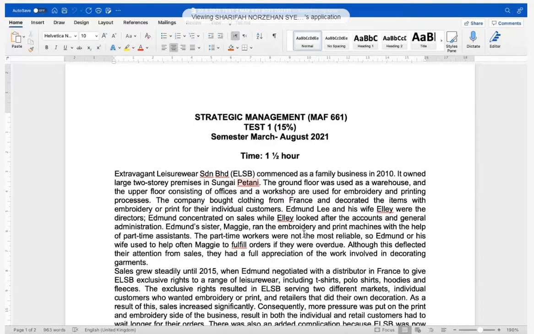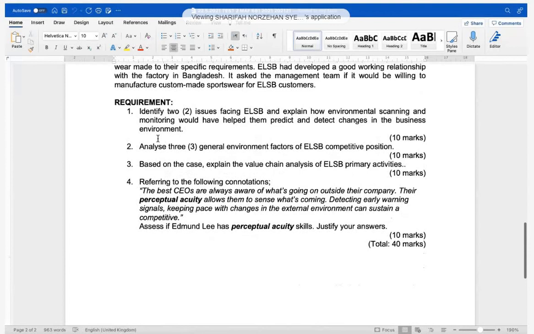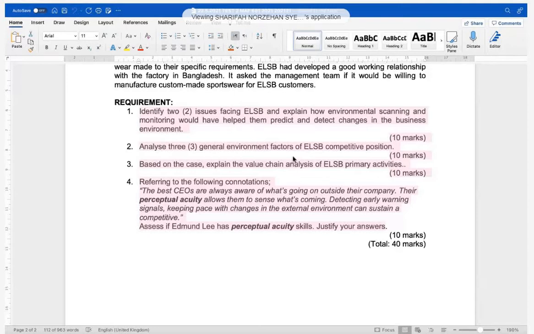Even if you can't remember much of what the requirement is, because you have 4 requirements, my advice is to go through all of them first. Not requirement number 1, then read your case, then look at requirement 2, then read your case.